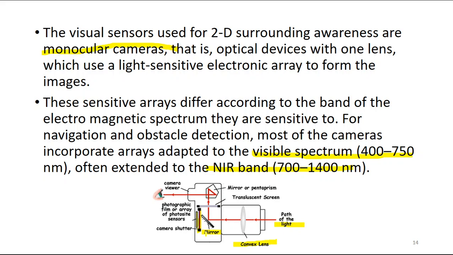This shutter will let the light pass through and hit the photo sensor, so as to form an image in the data as an electronic signal, and therefore it can go to your memory to be saved as an image. At the same time, you are using this mirror or pentaprism, looking with your eyes this way.